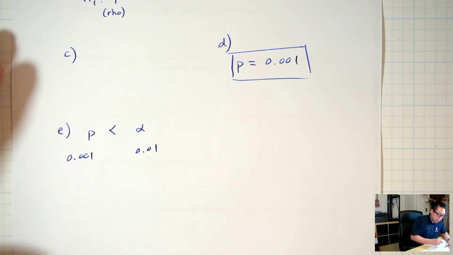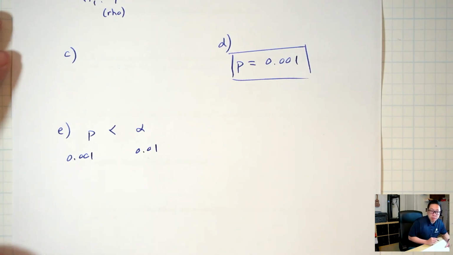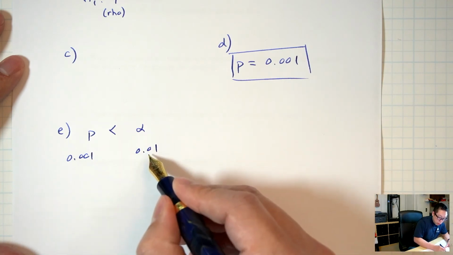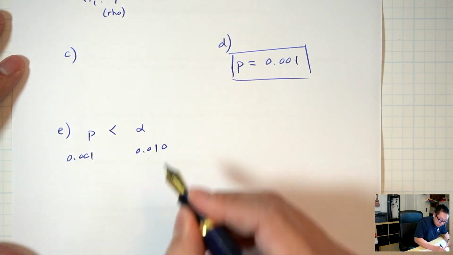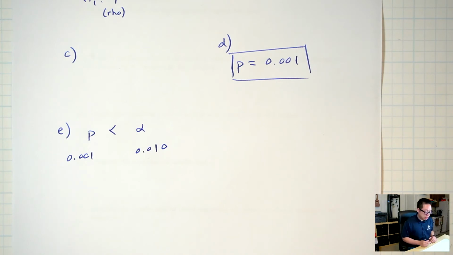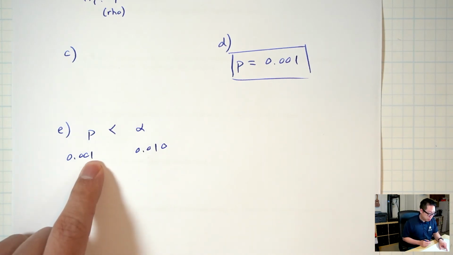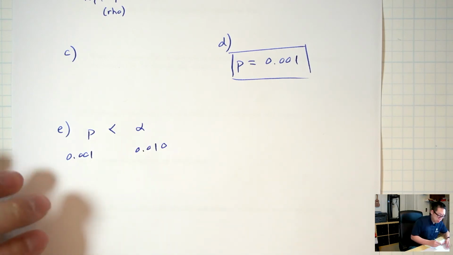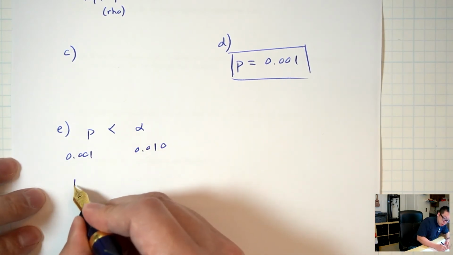If you need to, add zeros to make it match the number of decimal places. Our p-value has 3 decimal places. Our alpha currently only has 2, so let's add a 0. This is really just saying, is 1 less than 10? Yes. So it is less, which means we do reject.